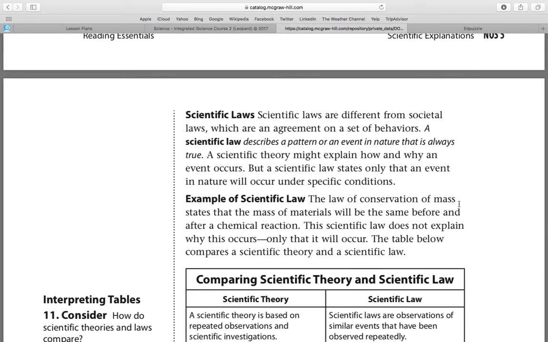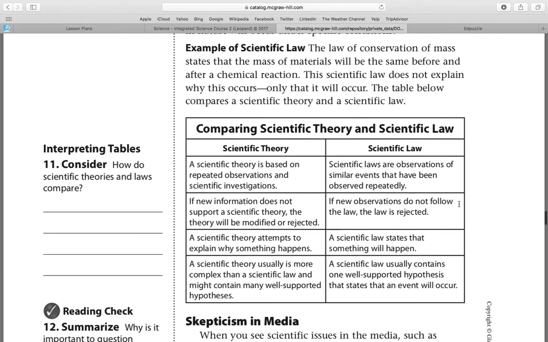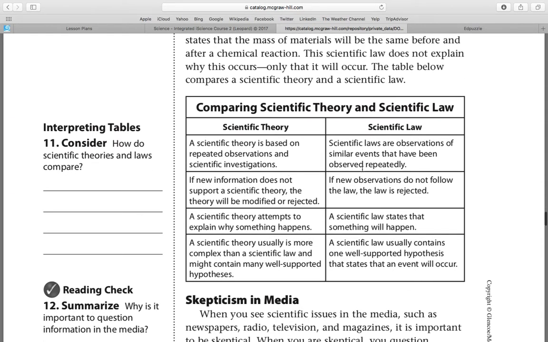All right. The way that scientific laws and theories are similar is that both will be rejected if new information does not support them. And they are both based on repeated observations. Here's a chart showing the differences, explaining the theory versus the law.